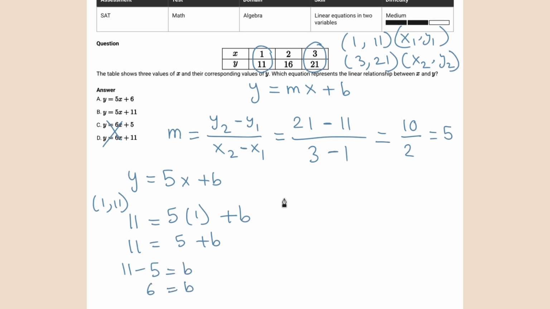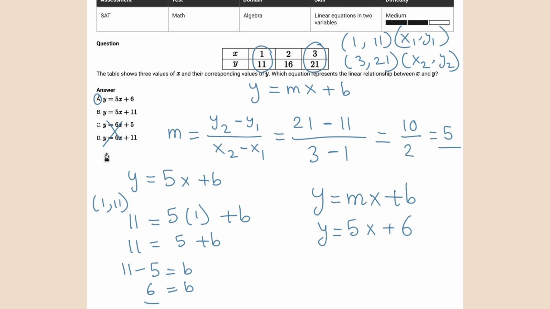Okay, so the final equation is y equals mx plus b. So y equals, first of all, the slope 5x, plus the y-intercept, which is 6. So 5x plus 6, and that's option A. Choose it, move on.